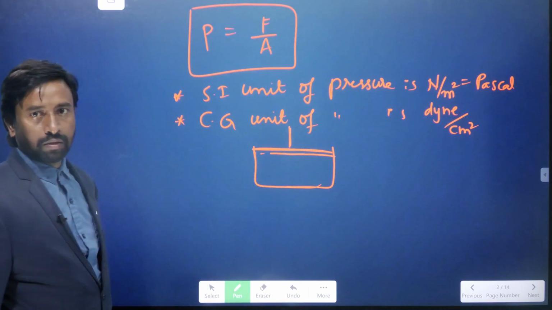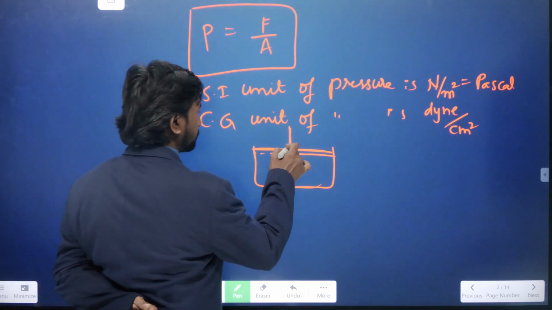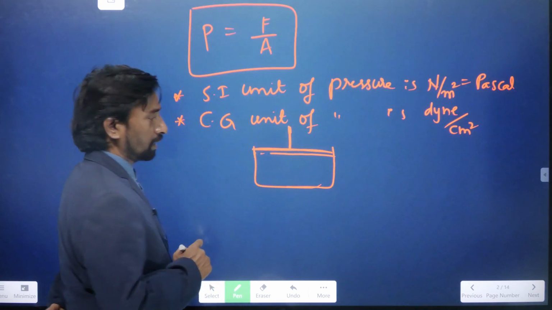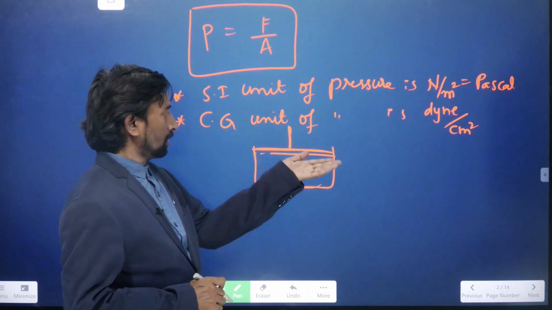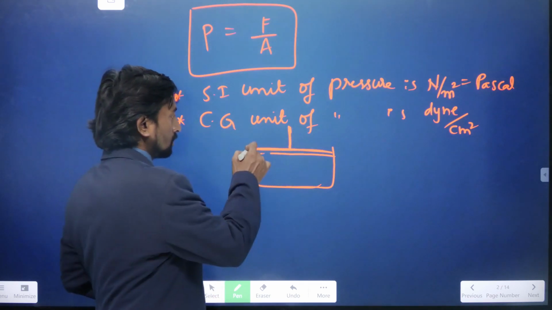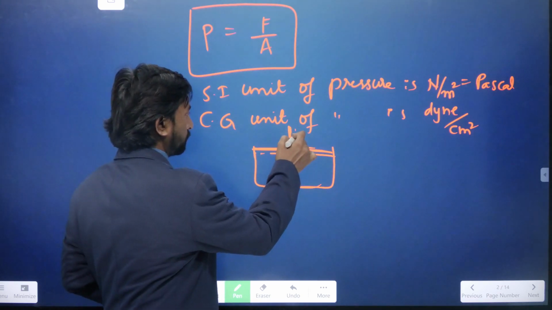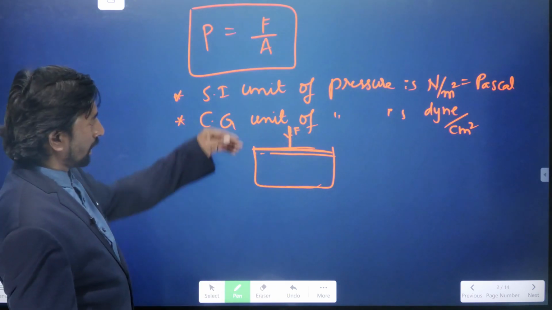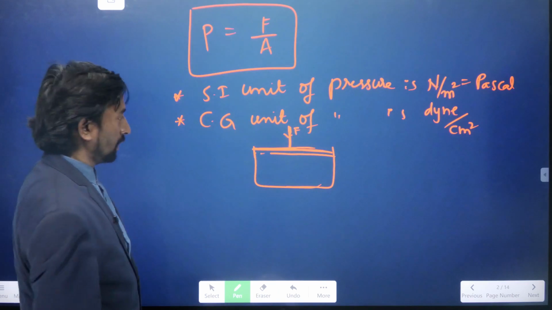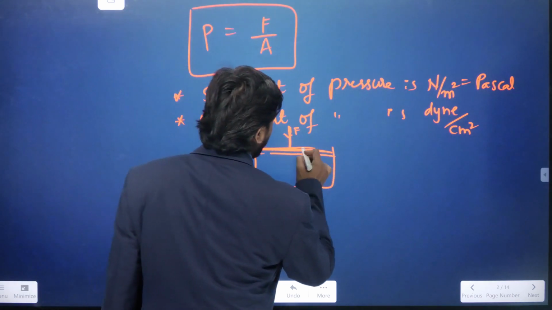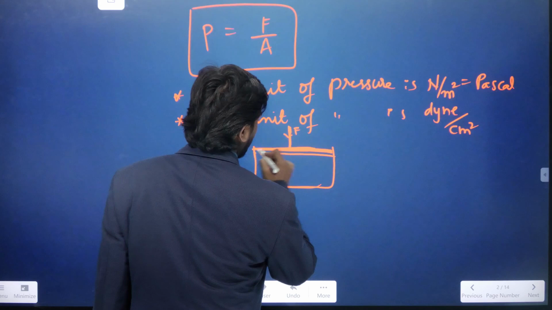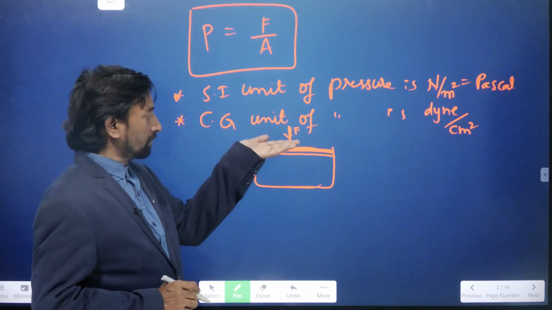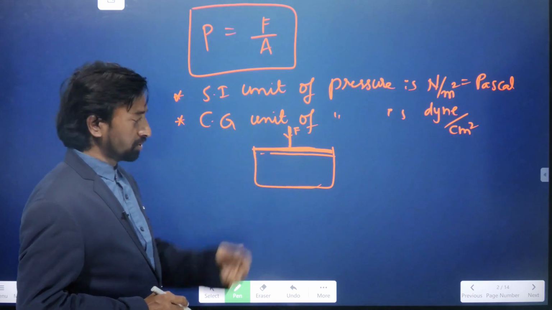The piston has a handle, and a base with an area of cross section, the area of the plate. Suppose a force is applied on the handle of the piston, then that force acts over the whole bottom area of the piston. Then that will apply the pressure on the liquid.